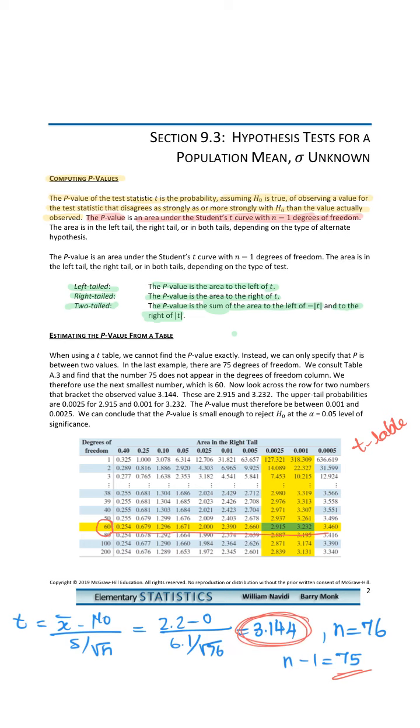Since there is no 3.14, you can see that 3.14 is between these two values. So the p-value must be between 0.001 and 0.0025. If the alternate hypothesis is mu greater than 0, then we can conclude that the p-value is small enough to reject the null hypothesis at the significance level 0.05.